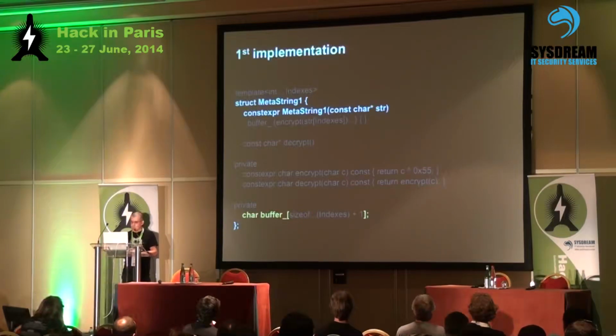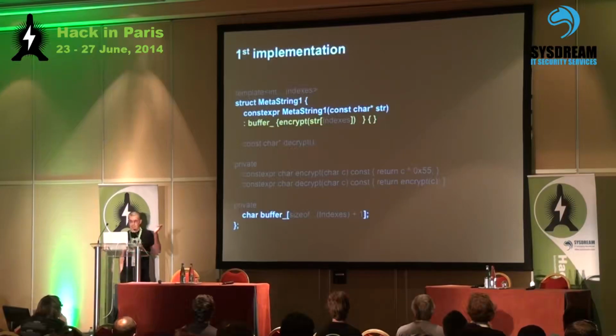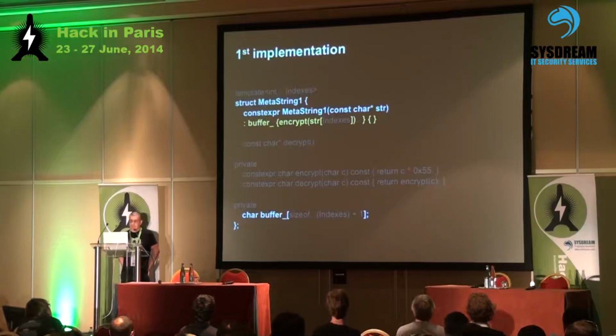And in my constructor, I have to fill this buffer. So I'm declaring that the buffer will be filled with the values which are after the braces. And what I want is to encrypt each character. So I'm taking my original string, which is str, and I have to take each character.